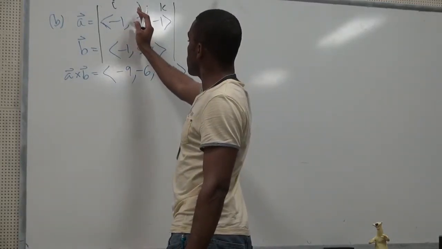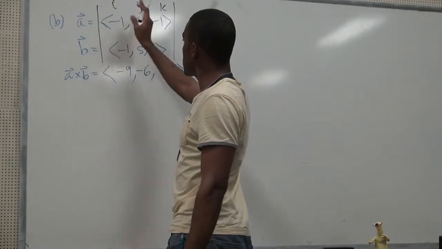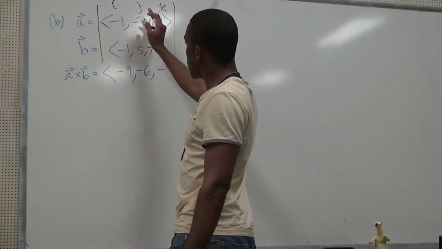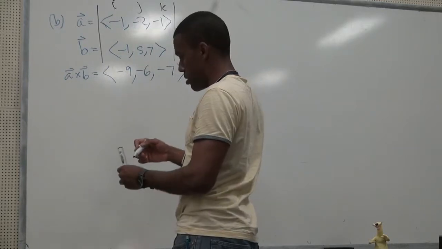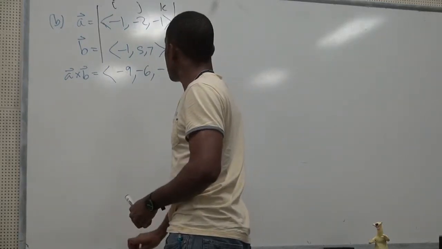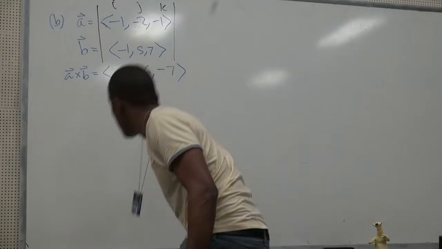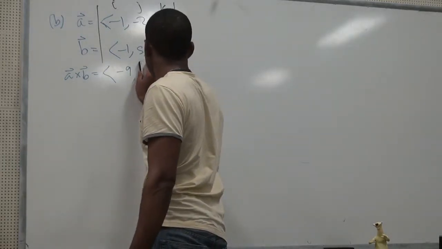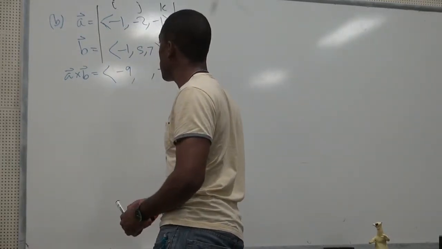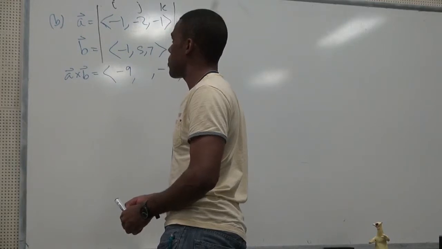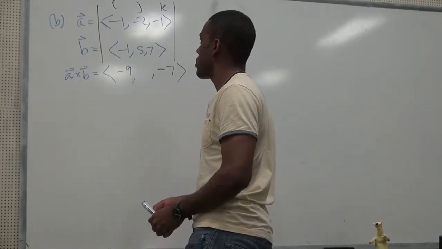Minus 7. Oh, these are two negatives. So it's minus 7, minus 1, which gives you minus 8. But then it's minus j, so it should be positive 8. Huh? Minus 8, because there are three negatives.